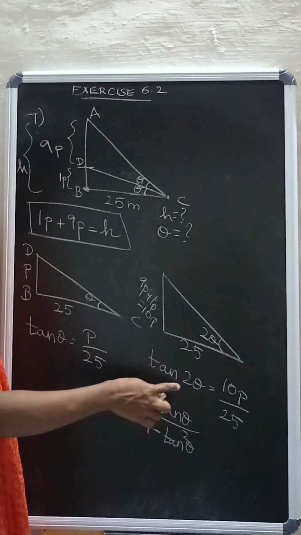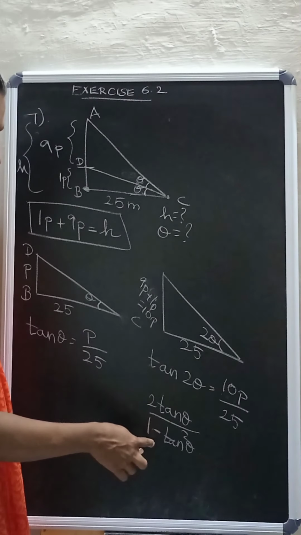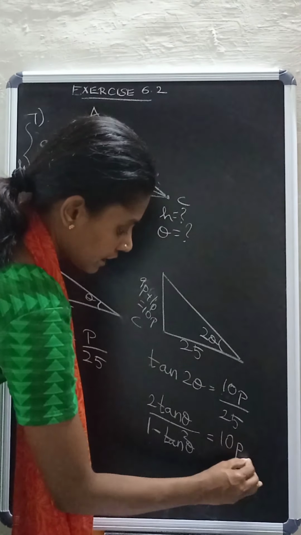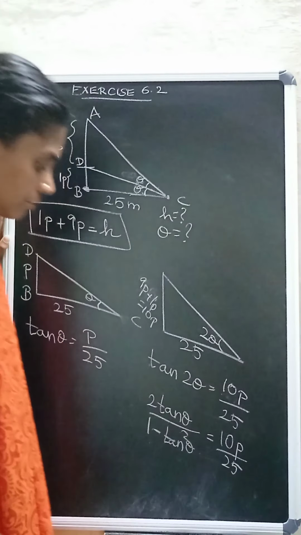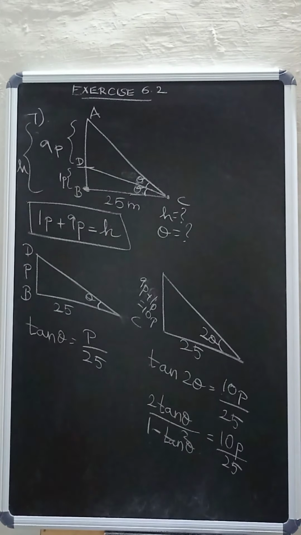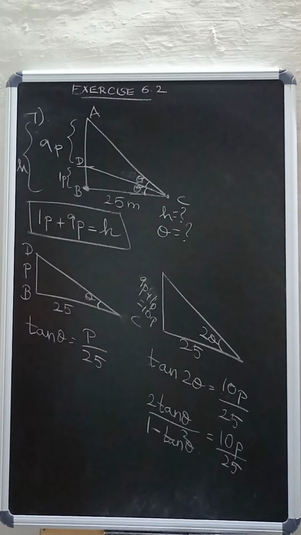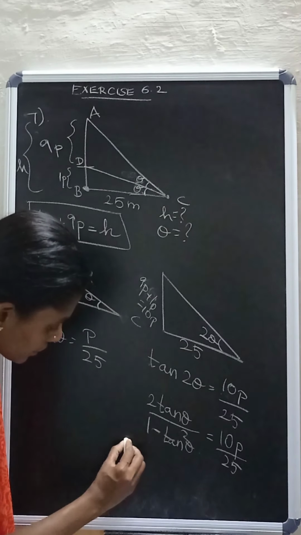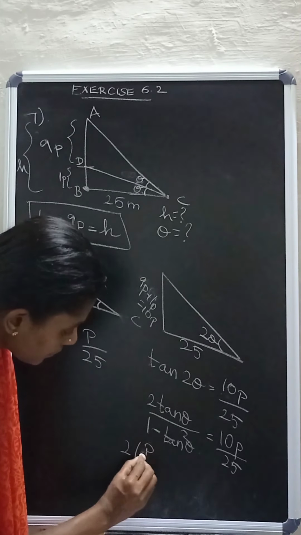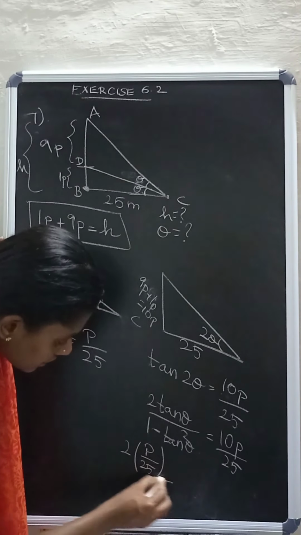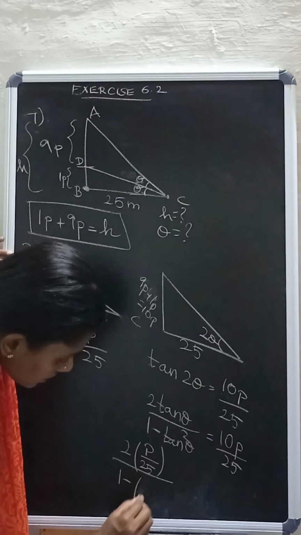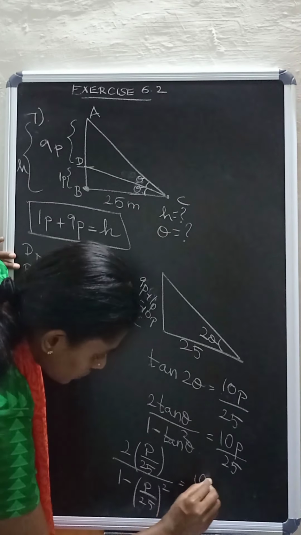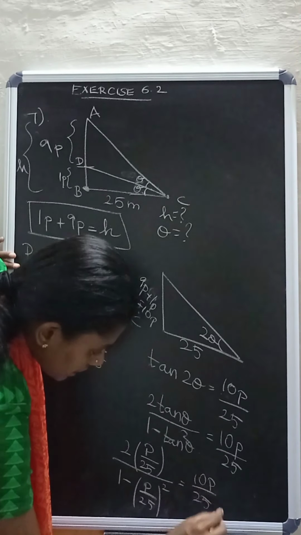Tan 2 theta is equal to 2 tan theta divided by 1 minus tan square theta, which is equal to 10p by 25. Now substituting this tan theta value here, it will be 2 into p by 25 divided by 1 minus p by 25, the whole square, is equal to 10p by 25.